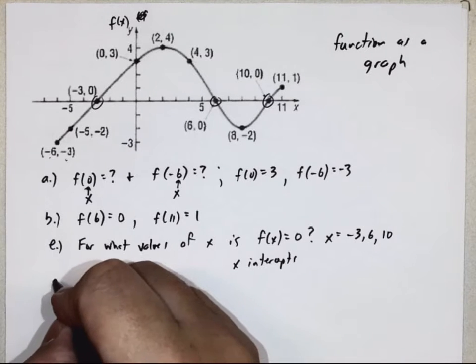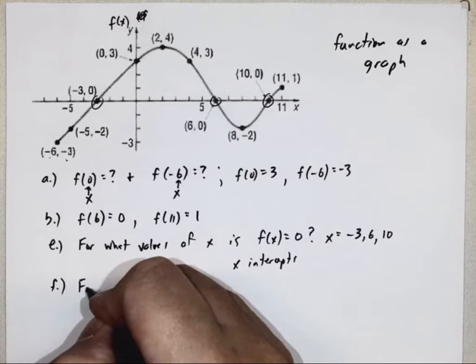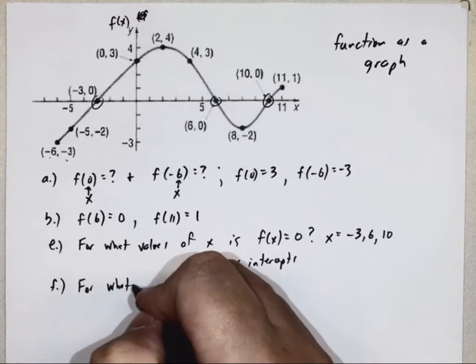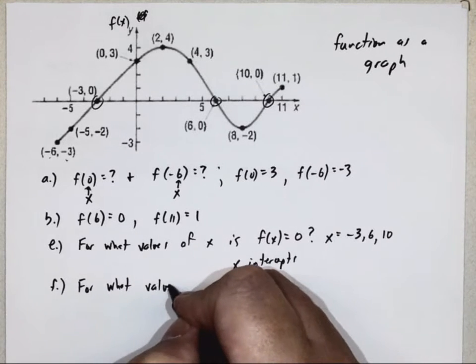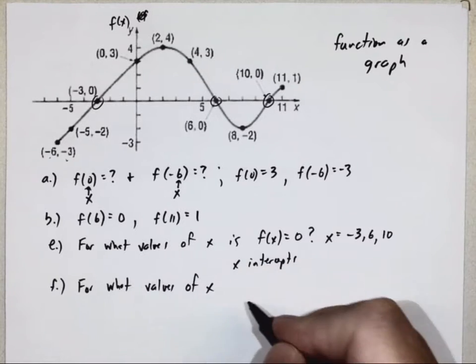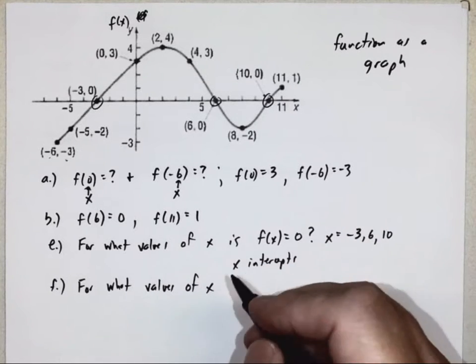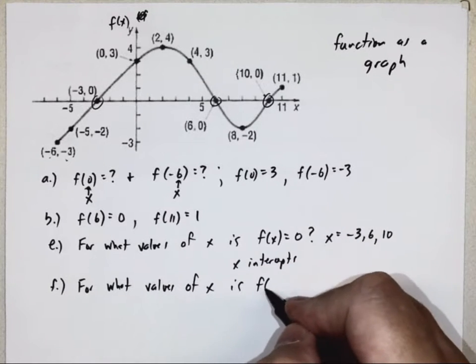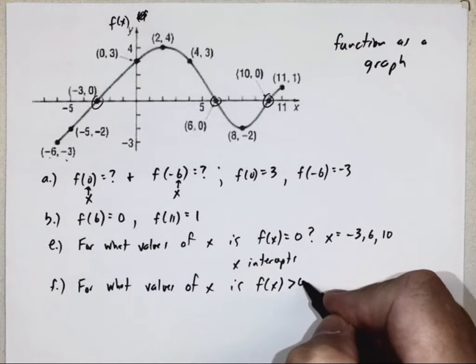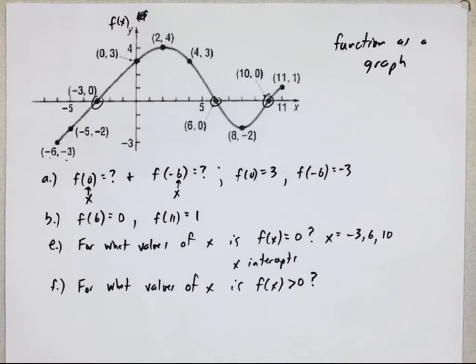Here's an interesting question. For what values of x is f of x greater than 0? What are they asking? They're saying go on this graph and figure out where the function is positive or greater than 0.